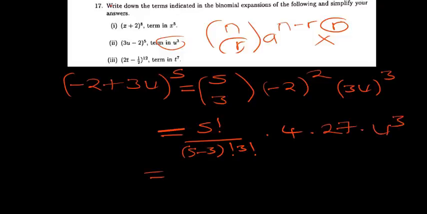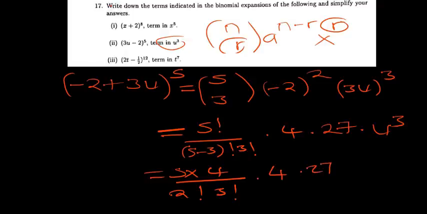5 factorial can be simplified to just remain 5 by 4. On the denominator you remain with 2 factorial, 3 factorial. And then multiply by 4, multiply by 27, multiply by u to the power 3.